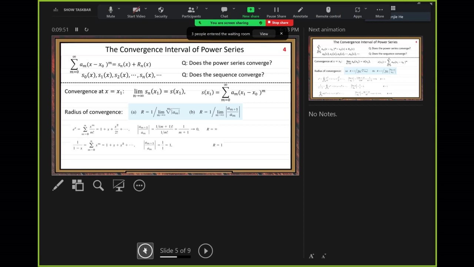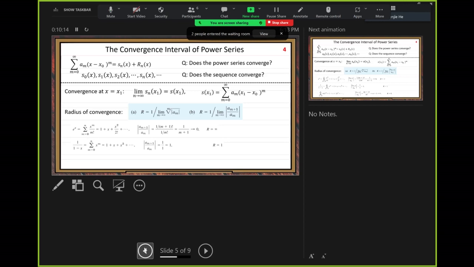So only when the absolute value of x is less than 1, it's convergent. Otherwise, it's not convergent. One special case is when x equals 1, it's divergent.